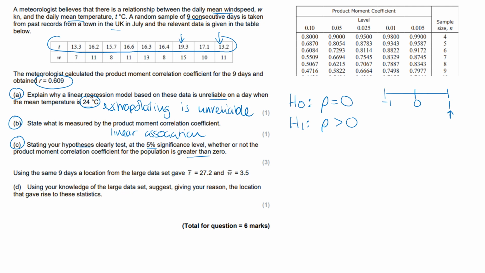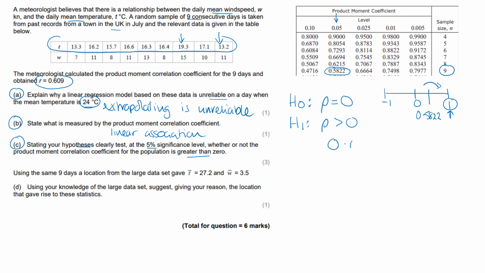Now we look at a sample size of 9 and at the 5% level read off this value here, which is our critical value. So if we put that on there, 0.5822, that is the cutoff point. Anything above that, closer to the 1, is going to tell us that we're going to reject our null hypothesis in favor of the alternative.